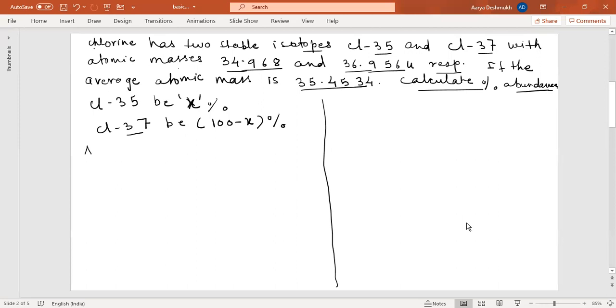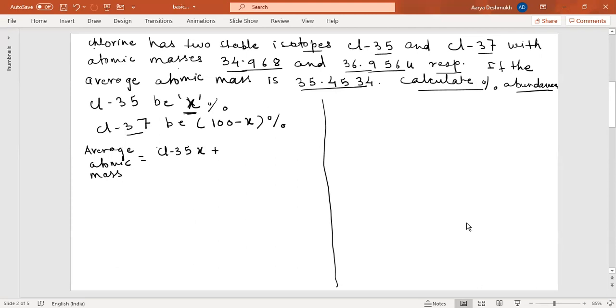So by using this information, you will be able to find out the average atomic mass first. So first calculate the average atomic mass. I tried to fit this whole thing on this slide itself, so I'll have to use a little space. So the atomic mass of Cl35, that we assume as X, so I'll write in short Cl35, that is X. Okay.